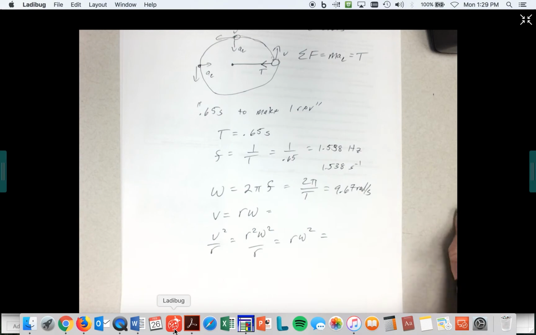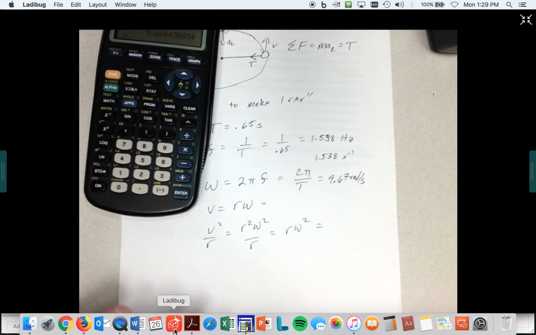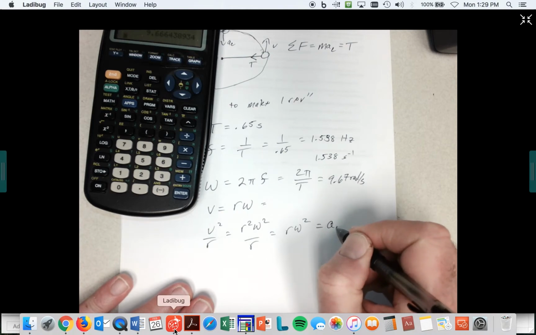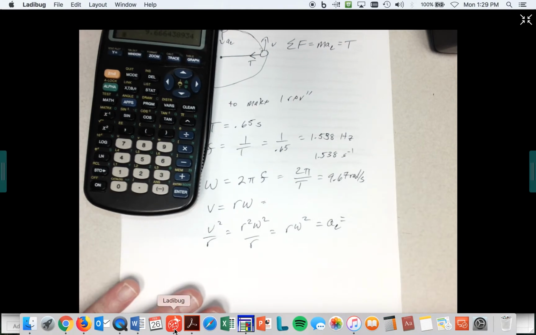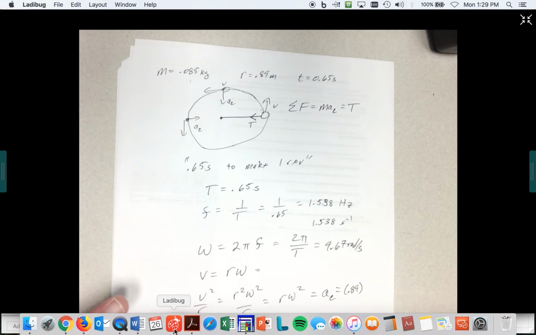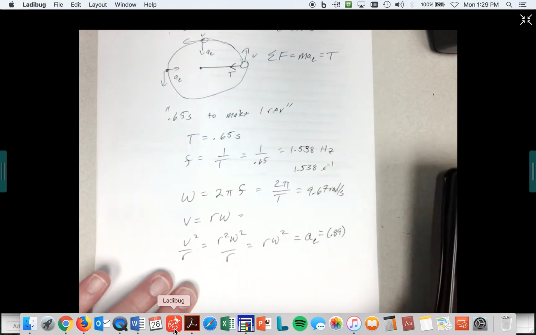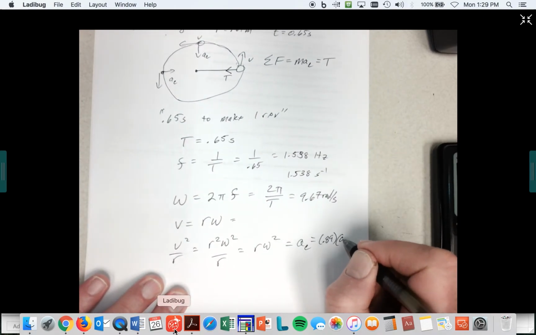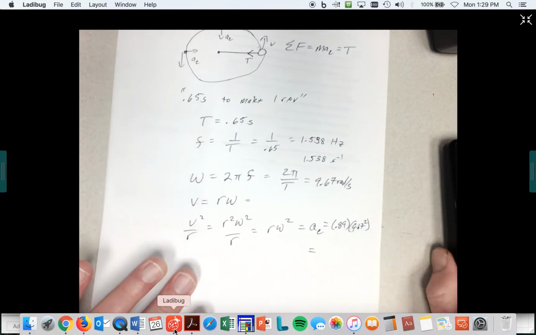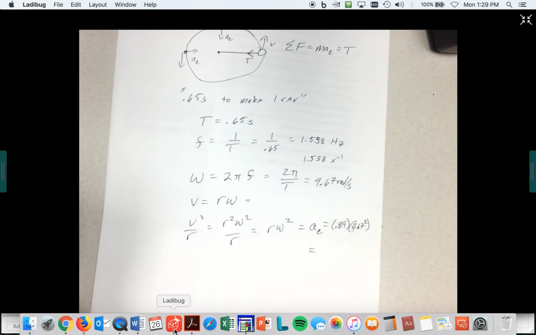So I'm going to take the acceleration, which is 0.89, my r from up at the top, times 9.67 squared. That's going to give me my centripetal acceleration.